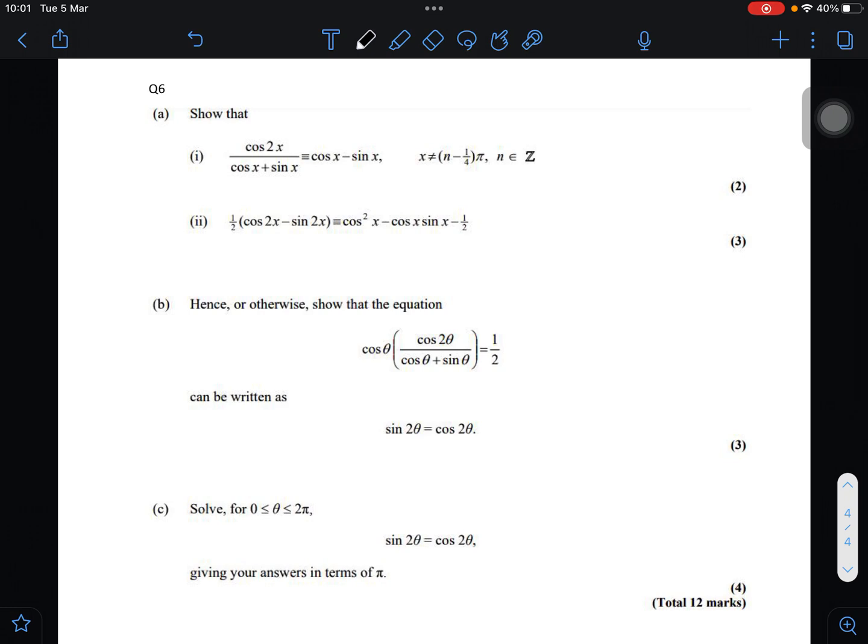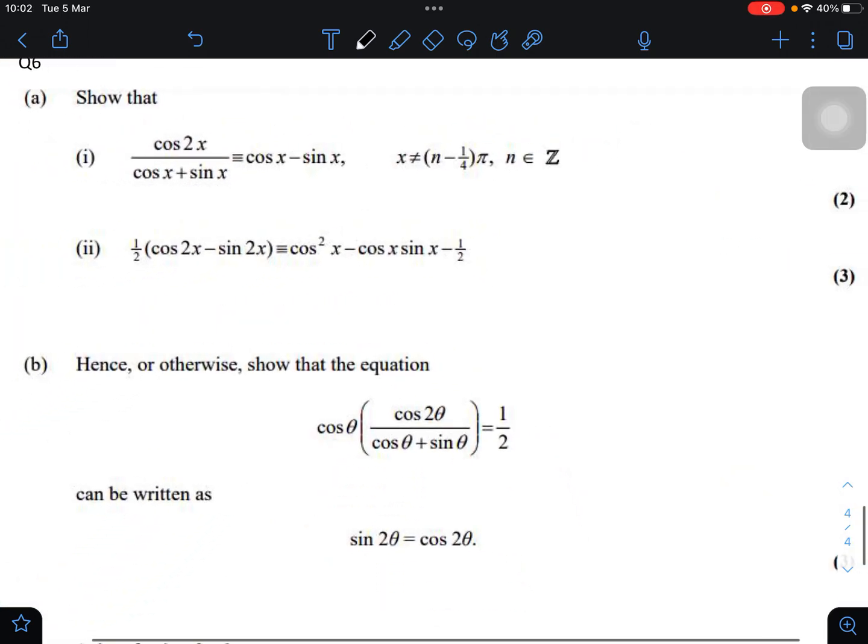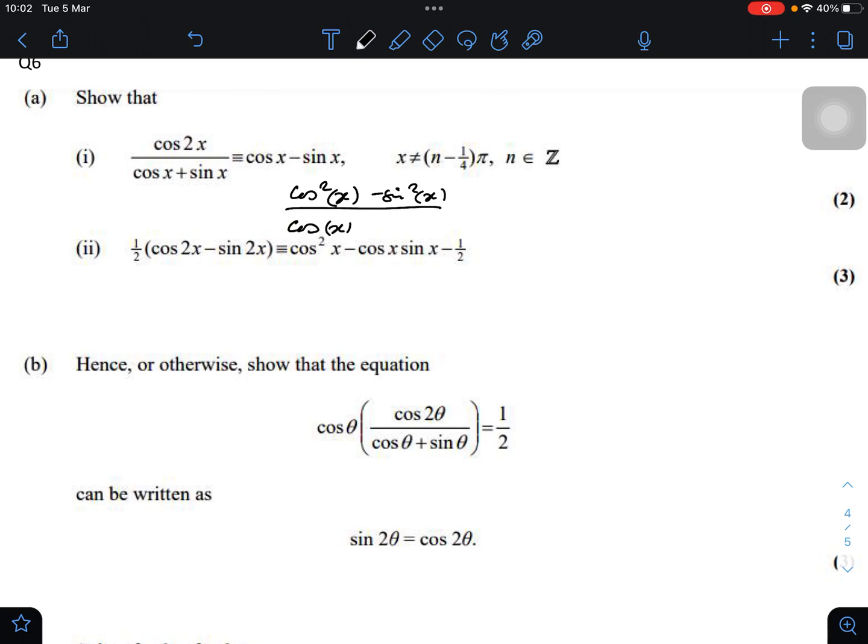So show that cos 2x over cos x plus sine x equals cos x minus sine x. Well, cos 2x would be cos squared x minus sine squared x, again working from the left-hand side because there's more on the left-hand side, over cos x plus sine x. If we then spot here, if you imagine an x squared minus y squared, you can actually factorize this into x minus y, x plus y.